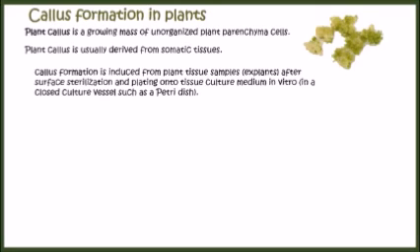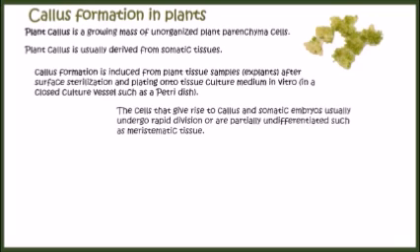So that is why maintaining a sterile environment while performing a callus culture is absolutely essential. The cells that give rise to callus or somatic embryos usually undergo rapid division or are partially undifferentiated, such as meristem tissues.